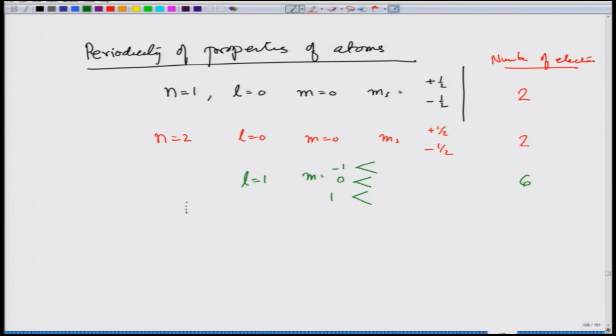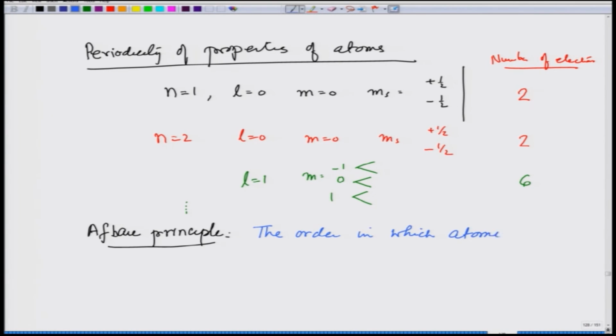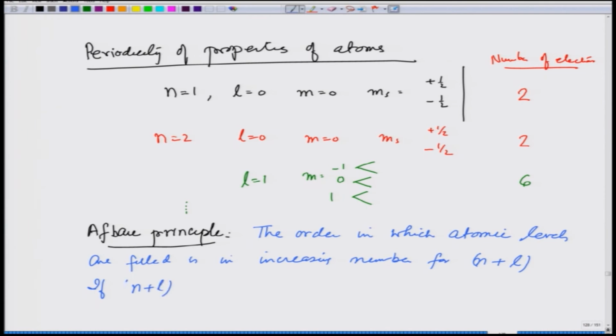So, one could see the periodicity or how the different levels are filled, and one also observed the way periodicity was built and came up with something called the Aufbau principle, which said that the order in which atomic levels are filled is in increasing number for n plus L, and if n plus L is the same, then lower n is filled first, right.